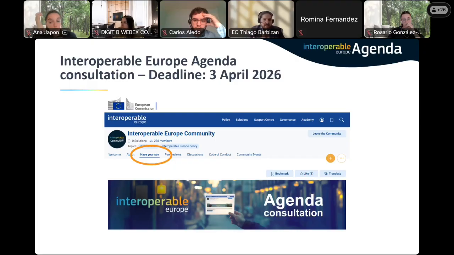So this is the main focus of the agenda consultation that is open now. As you can see here on the slide, when going to the Interoperable Europe Community website, you have a link to have your say, and then you will be guided to the landing page of the agenda consultation.